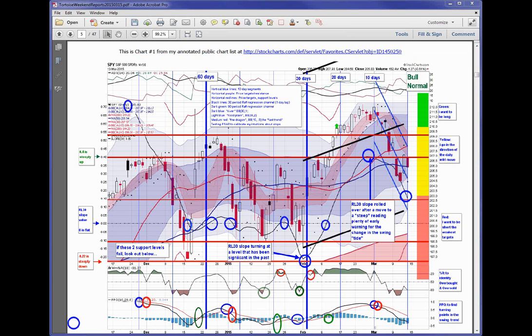While I'm thinking about it, let's take a quick look at FSLR. Yep, that looks to be pretty interesting. If it can hold here above 60, that's going to be useful.